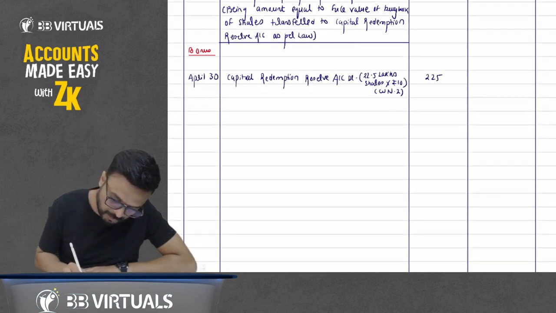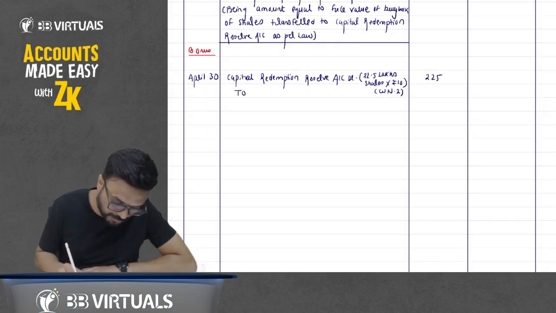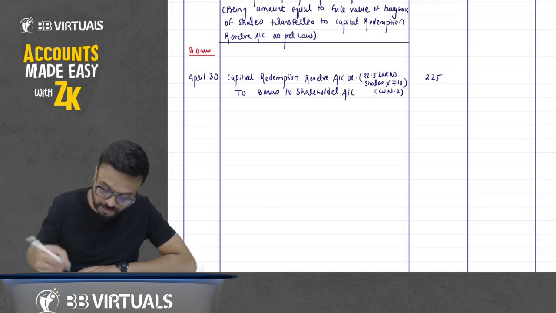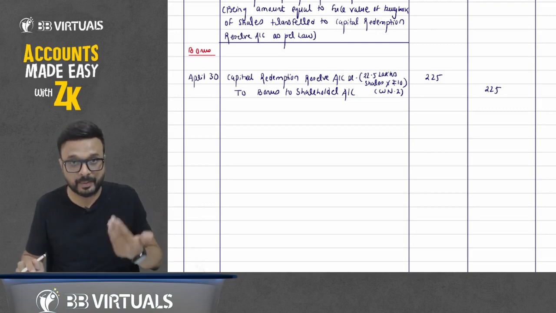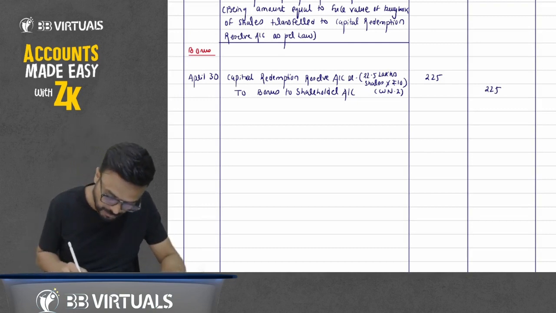So, capital redemption reserve account debit 225, to bonus to shareholder account. Now, bonus to shareholder: we are liable to pay something to the shareholders, so we call it the bonus to shareholder account. It's a liability. Increase in liability is a credit.